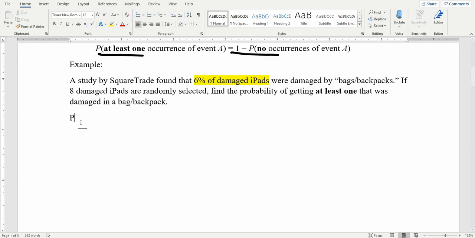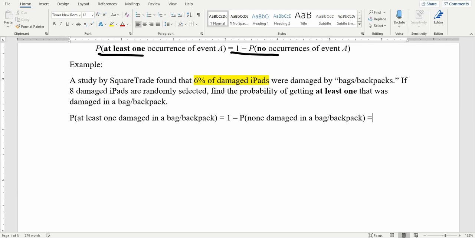So, probability of at least one damaged in a bag or backpack. That's the same as 1 minus the probability of none damaged in a bag or backpack.